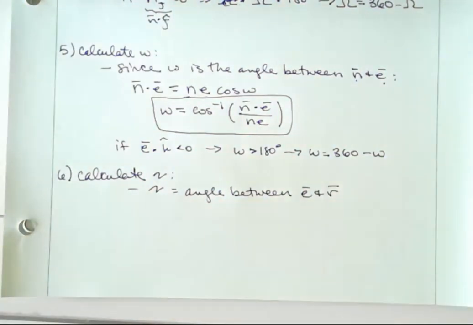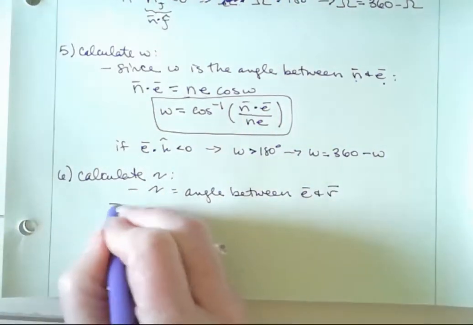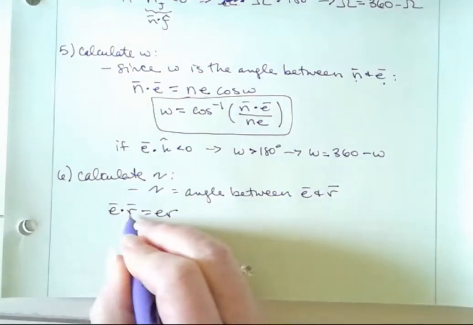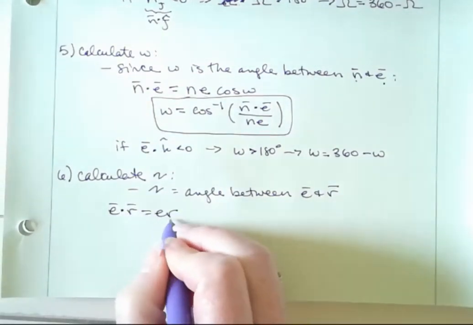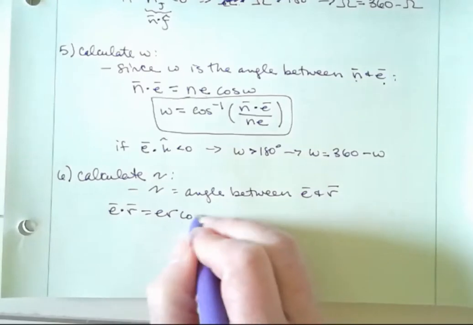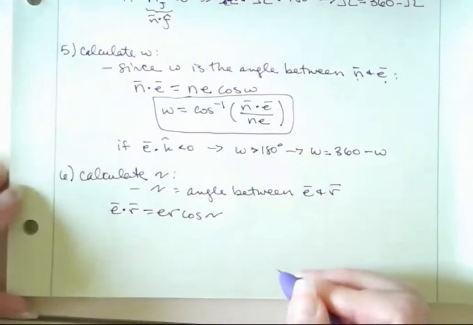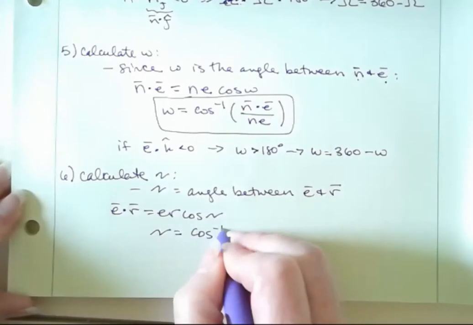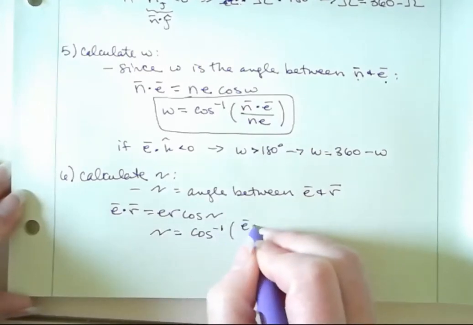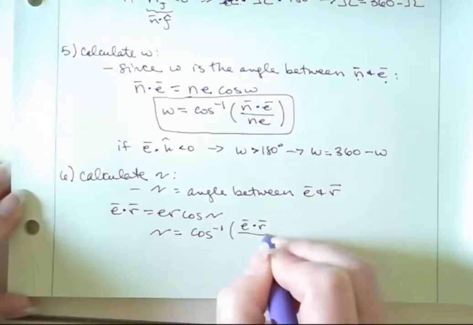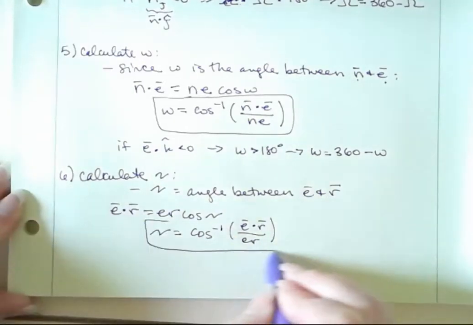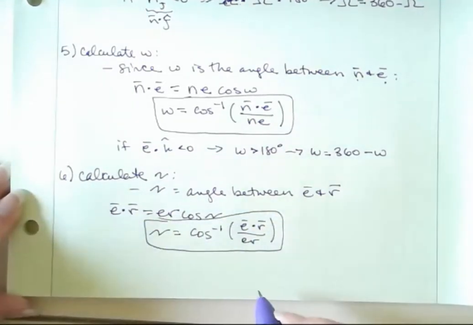So you got the angle between those two vectors, and we'll just use the dot product. E dotted with R is going to be equal to the magnitude of E times R times cosine nu. So nu is going to be the arc cosine of E dotted with R over E times R. Let's box that.